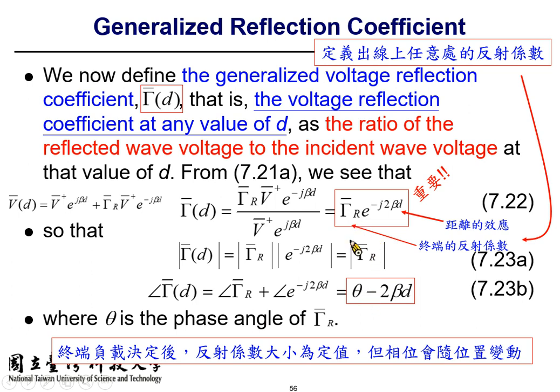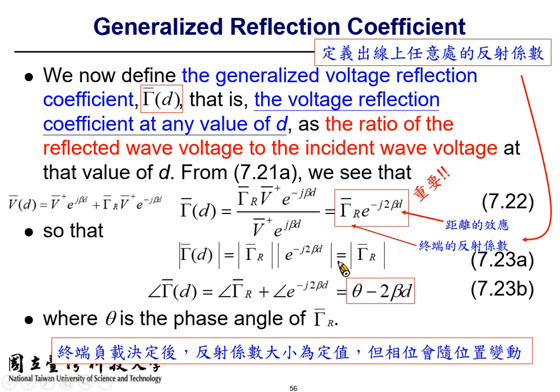On the other hand, for any other terminations, including reactive ones, which are terminations with inductance or capacitance, the angle theta will be a number between 0 and 360 degrees, or between plus and minus pi.